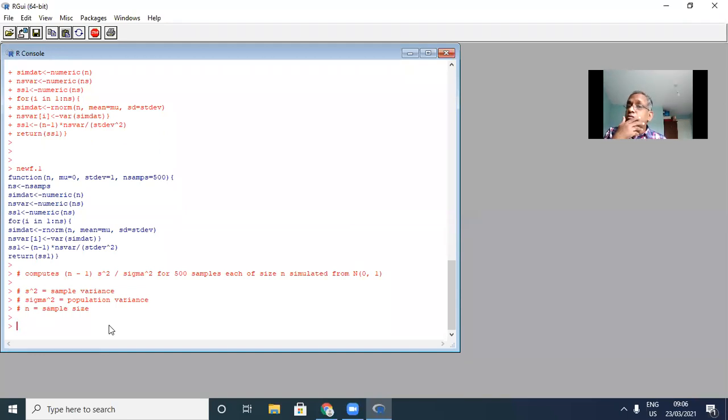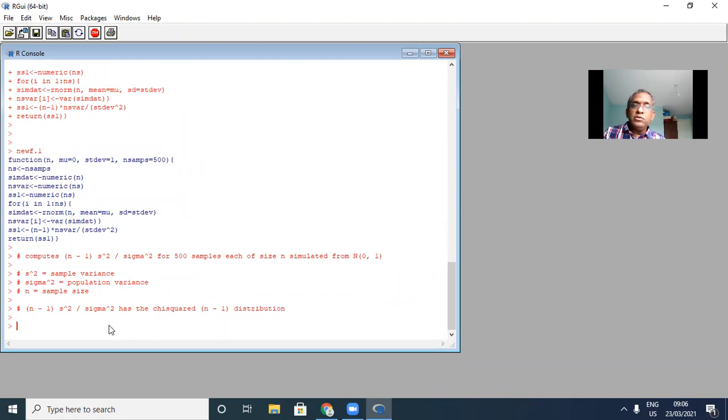Now, if you look at the video on the chi-square distribution, you will see that this statistic has the chi-square distribution with n-1 degrees of freedom.